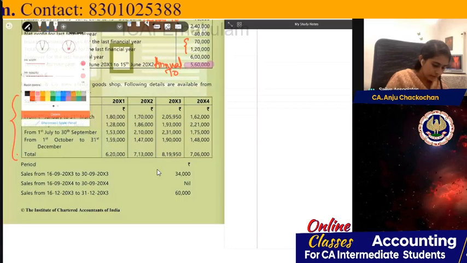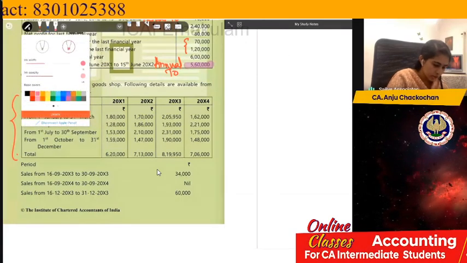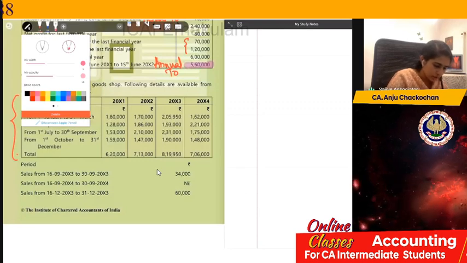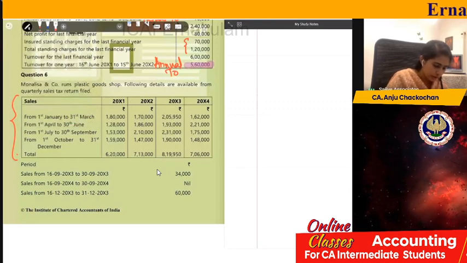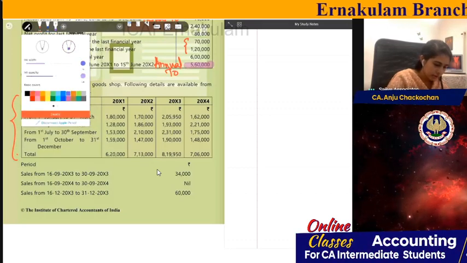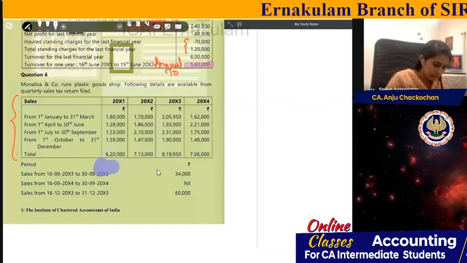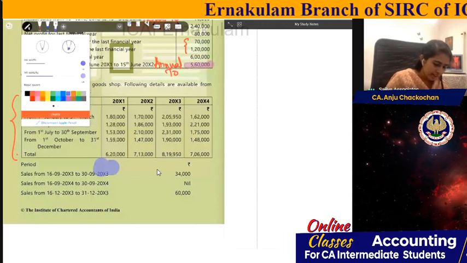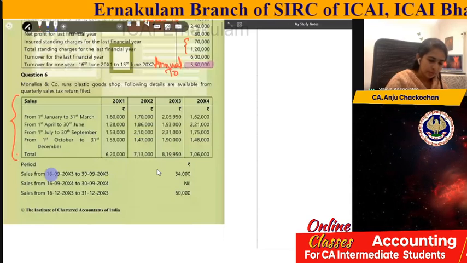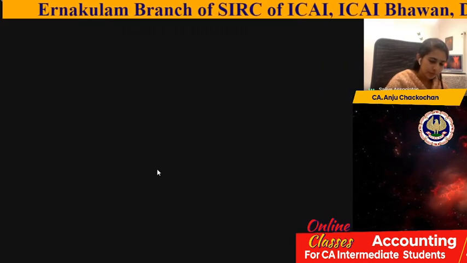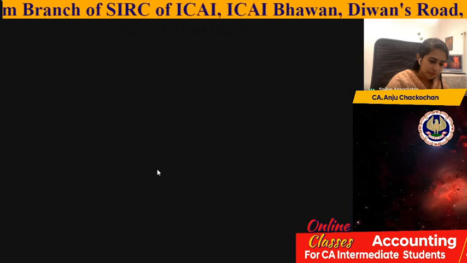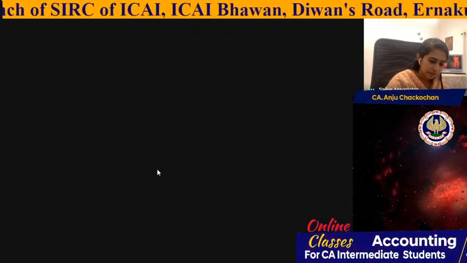Let's see, from 16/9/2004 to 30/9/2004, because you see that the turnover is nil, so probably that will be the disrupted period.